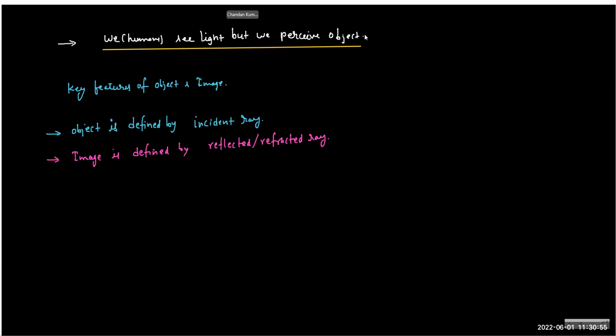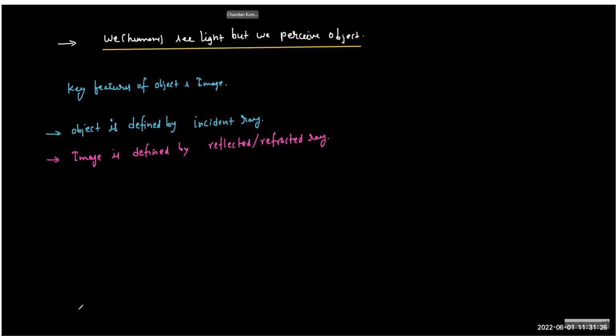That is how we define it. So these are two basic concepts about the object and image. The object is defined by the incident ray and the image is defined by the reflected or refracted ray. Okay, it is clear.